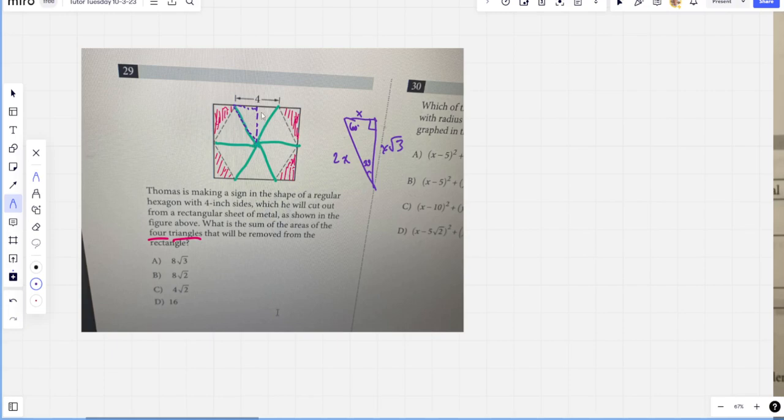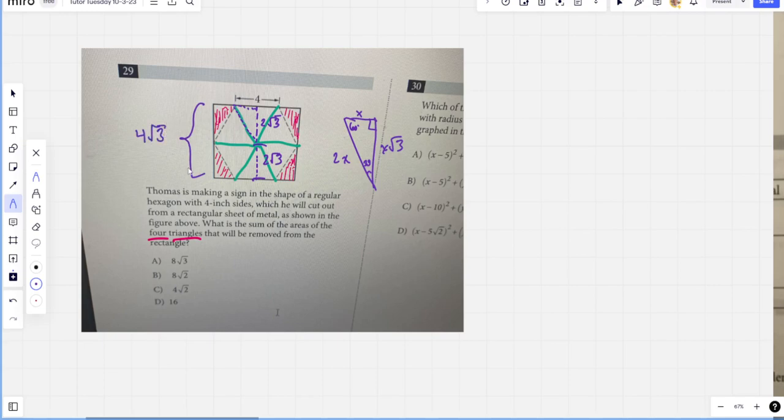So what I know is that this longer leg of the triangle is x root 3. And if this smaller leg is half of 4, just 2, that means the height of this is 2 root 3. And then from here to here, it's another 2 root 3. So the total height of this rectangular region is 4 root 3.